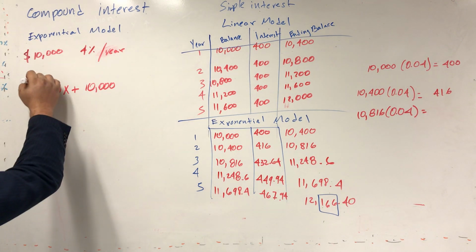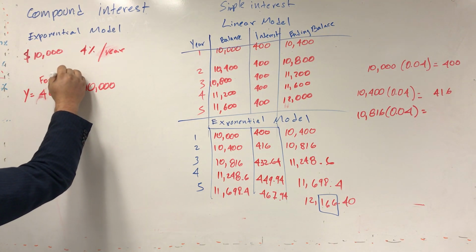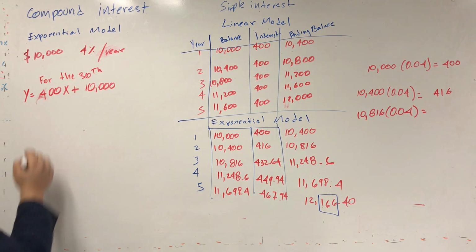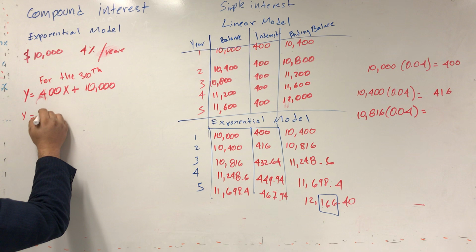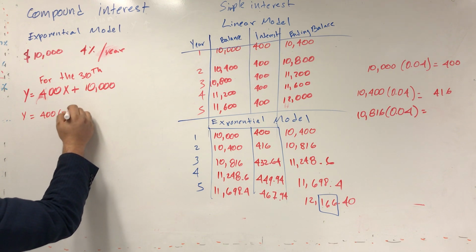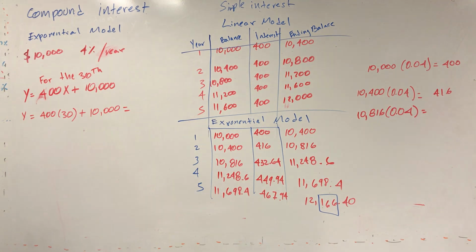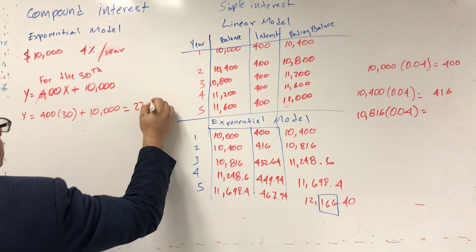So if you evaluate for the 30th year, let's make this substitution, 400 times 30 plus 10,000. What did you get with this model? Okay, the projection is 22,000.